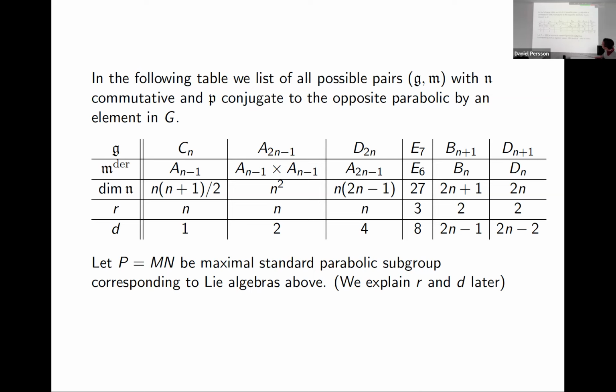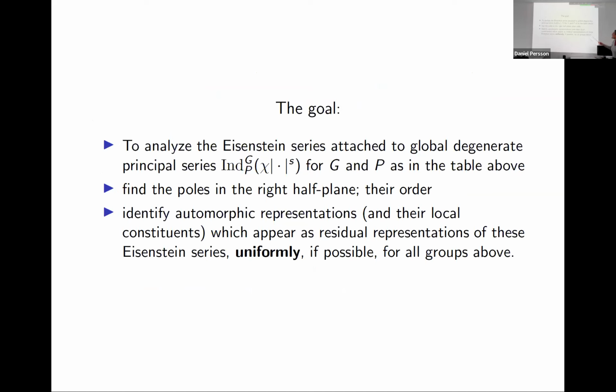So the goal is to analyze Eisenstein series. Sorry. The condition you have with the opposite parabolic, can I also think of that in the way that the functional relation should go back to the same degenerate principal series, not to a different one? Yes. So in the case of EN or BN, what if you take a maximal parabolic, which is not on the outer node, but on one of the inner nodes?